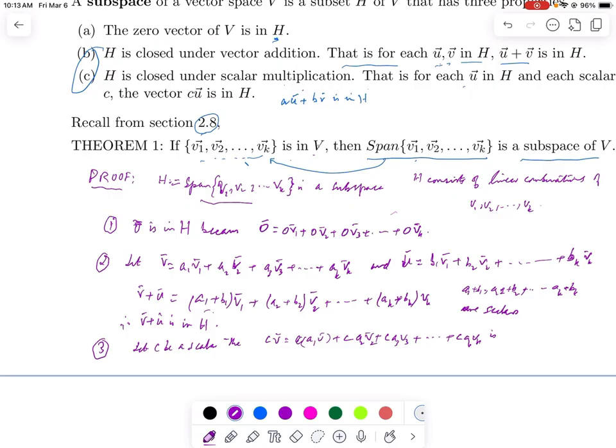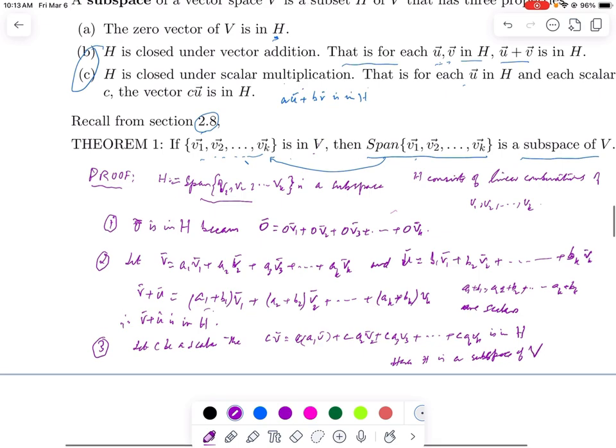So this is in H, because c a1, c a2, up to c ak are all scalars. Hence H is a subspace of V. So this is our proof.